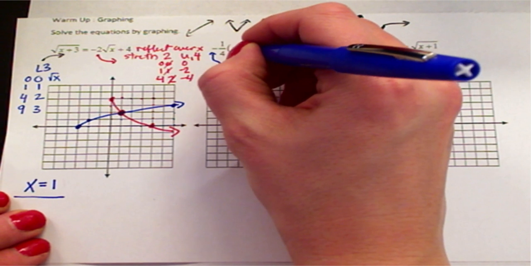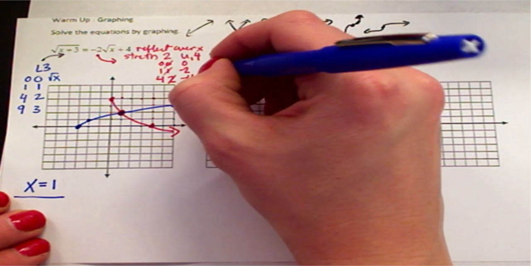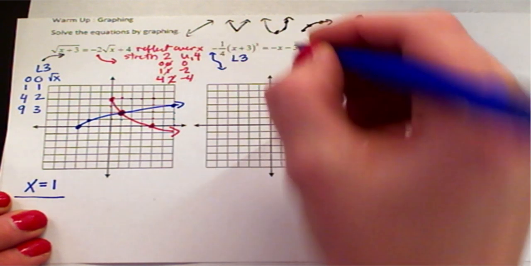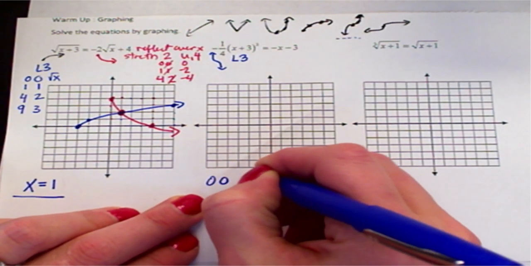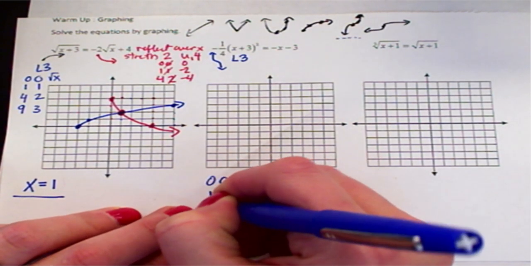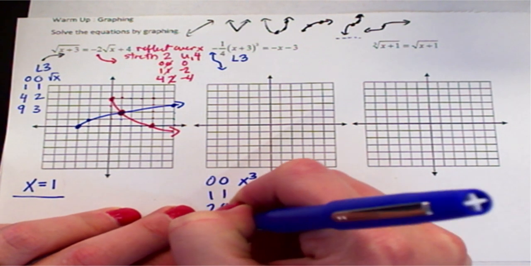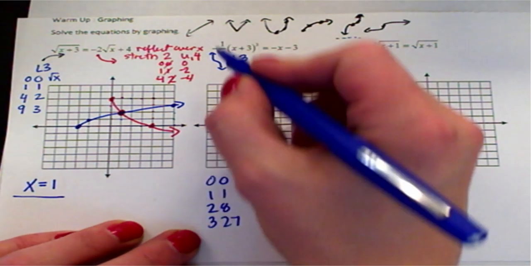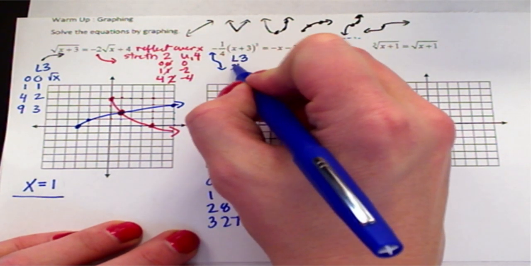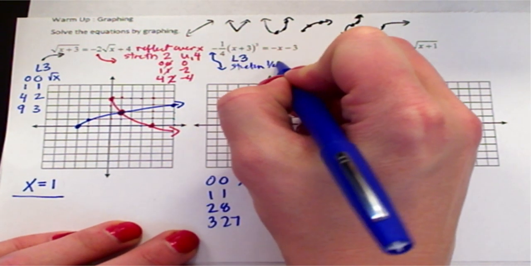Cubing. So this is left 3. So my cube numbers, I'm going to come down here and do it. 0, 0, and I am cubing. 1, 1, 2, 8. 27 is unlikely to fit on the graph, okay? But it is stretch by 1/4.